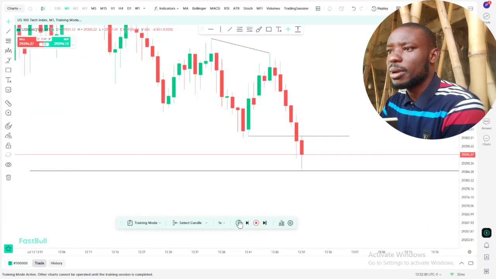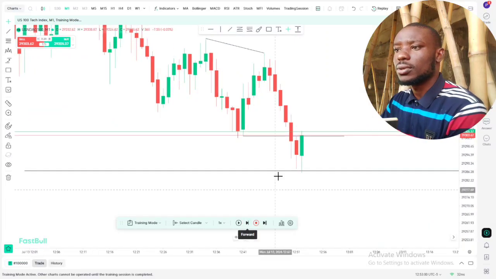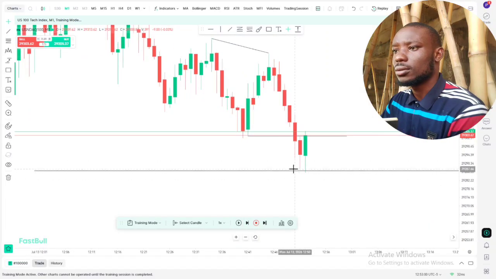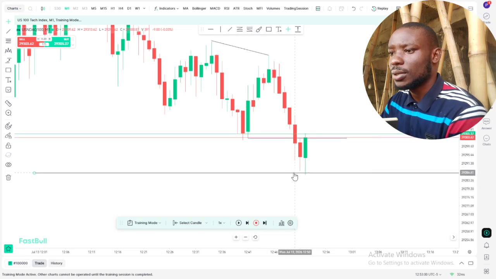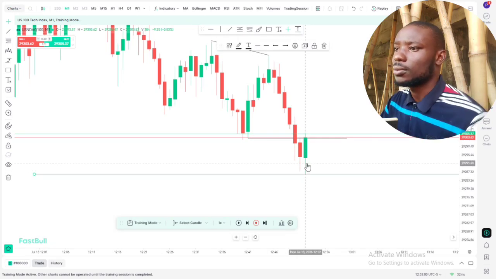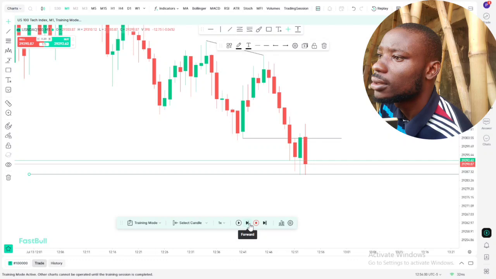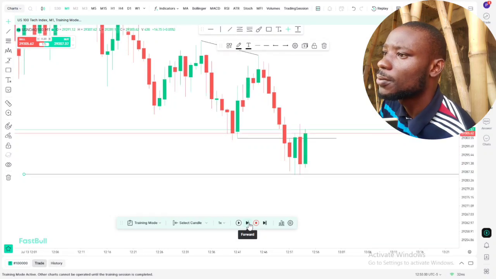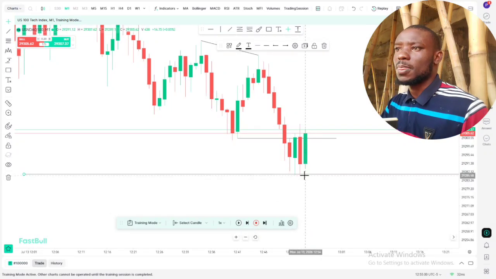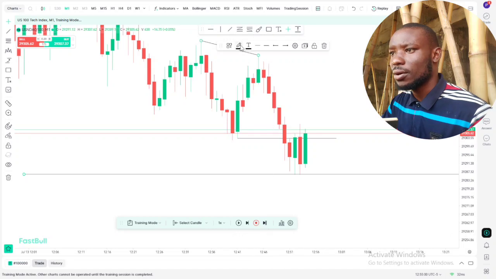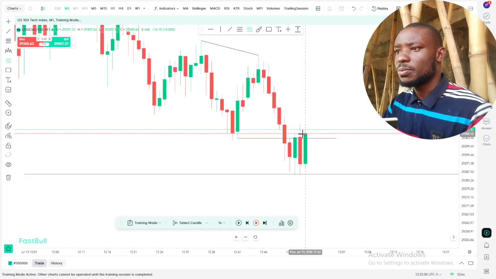Market created, okay, this was a low, this was still a low, because this is 12:52, this is 12:53, this is 12:54. Around 12:54, that was when I got into the trade. I think it was basically around here.